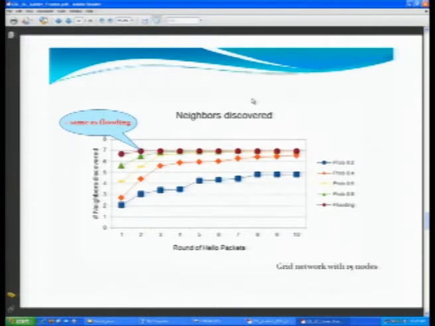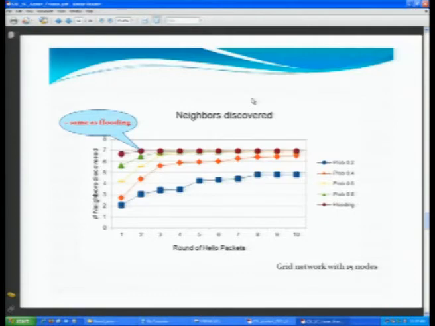And this is the neighbor discovery. Of course, we could expect that when using some probability to transmit, not all the neighbors are discovered. But we can see that using a probability of 0.8, after 3 rounds, we have the same number of neighbors discovered as with flooding. By flooding, I mean transmitting across all the channels.